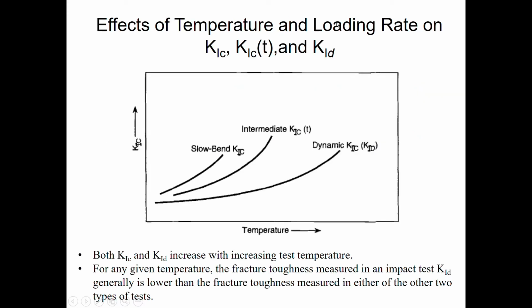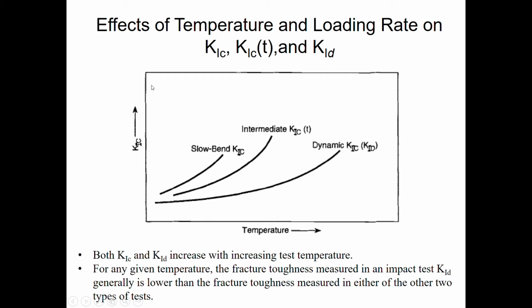Okay, let's take a look at this graph. This is summarizing the effects of temperature and loading rate on fracture toughness. K1C is the slow bend here, K1C(T) is intermediate, while K1D is the dynamic.